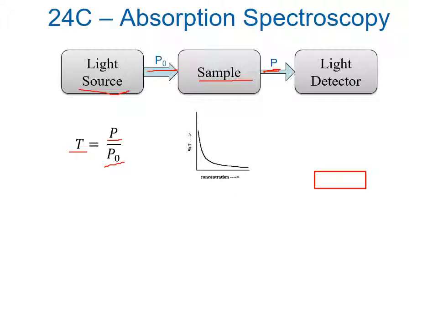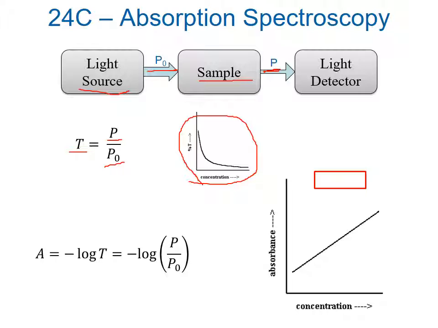We're going to see that we have a nonlinear relationship between percent transmittance and concentration. Concentration and percent transmittance are inversely related, but they're also nonlinear, which means that's not a very good way for us to calibrate what's going on in our sample. So instead, we have to define a term that's based on absorption rather than transmittance.